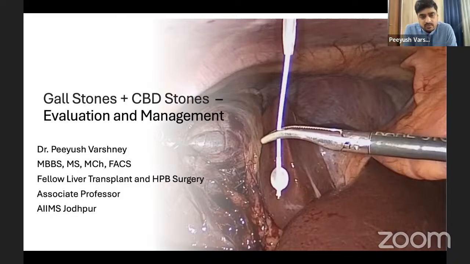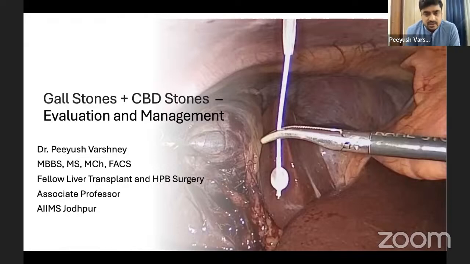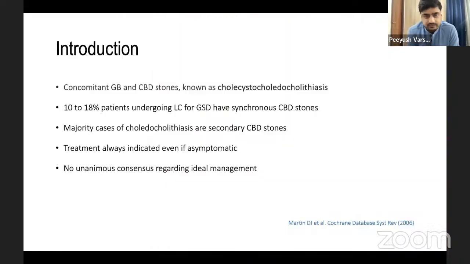Next, coming to this topic, it seems easy at first look, but when I looked into the literature, although there is not so much recent literature, there are many new things which I learned while preparing this presentation. Although evaluation has already been dealt with by Dr. Younis, I'll briefly touch the important points in the evaluation of concomitant gallstones and CBD stones, and then quickly move on to the management.